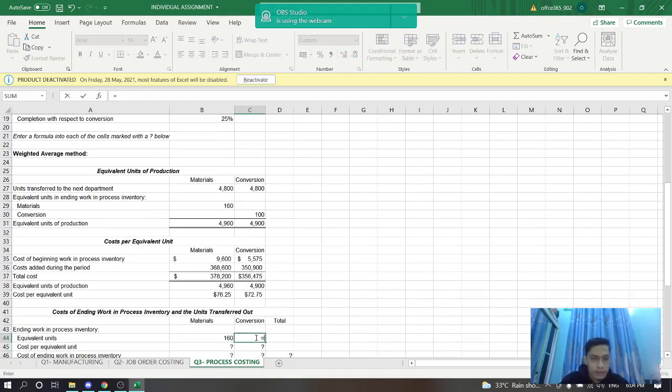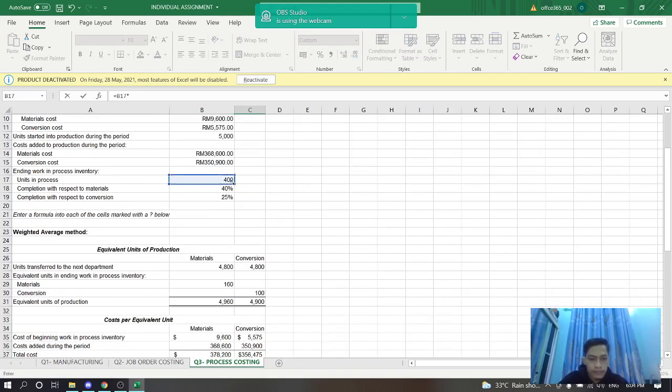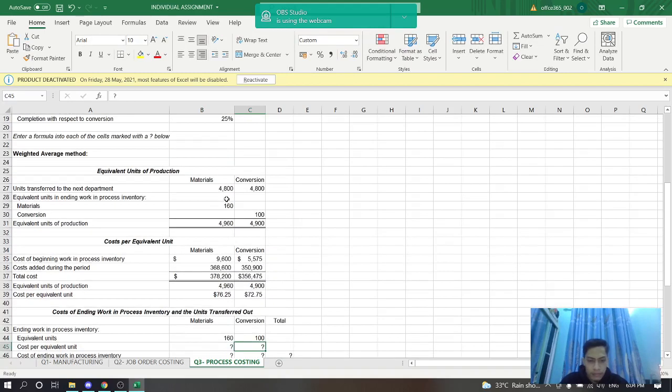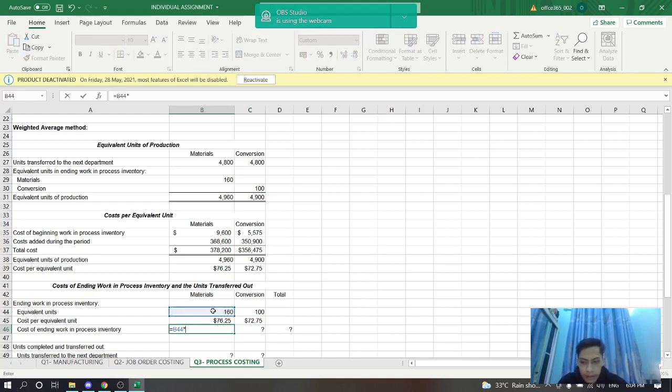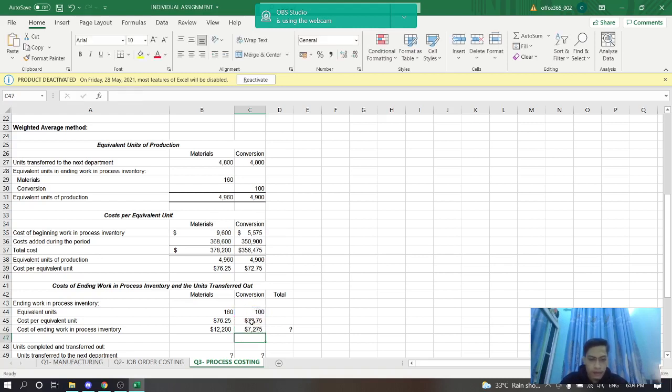For the conversion, and then cost per equivalent unit, material, conversion, cost of ending multiply with cost per equivalent unit. Same goes to conversion. Okay, next sum of these two.